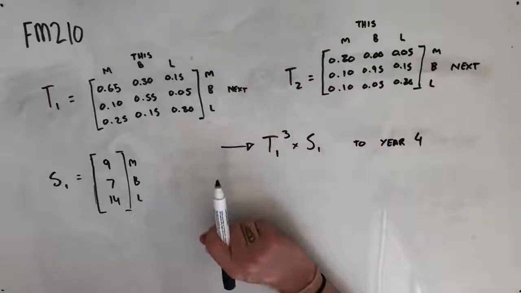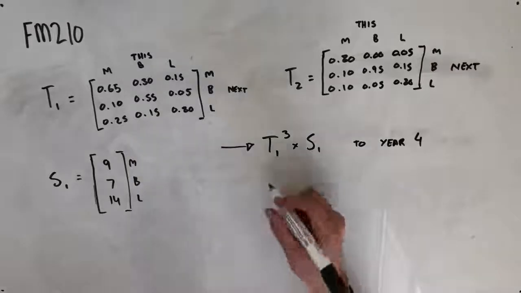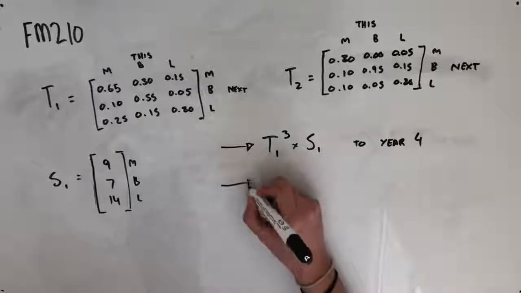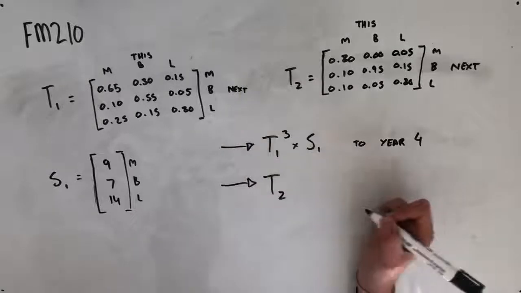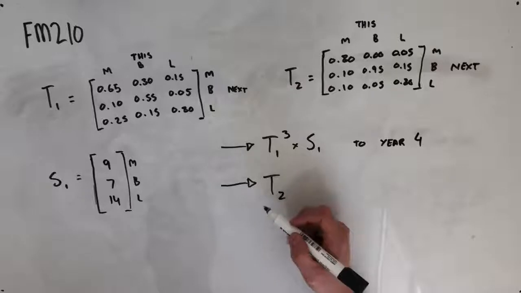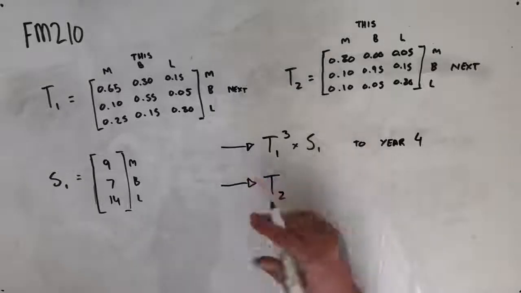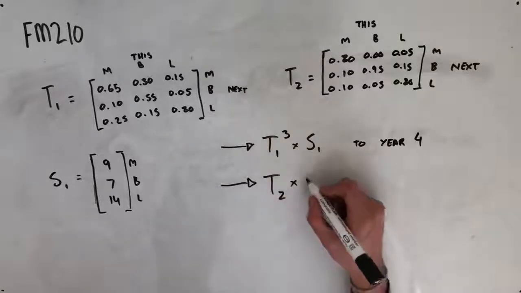Now, that product is also going to be a 3 by 1 matrix, which means that when we apply the next lot of transitions and we use T2, that's also going to be on the furthest left. So T2 is going to have to multiply whatever this was, and it's going to multiply it again.